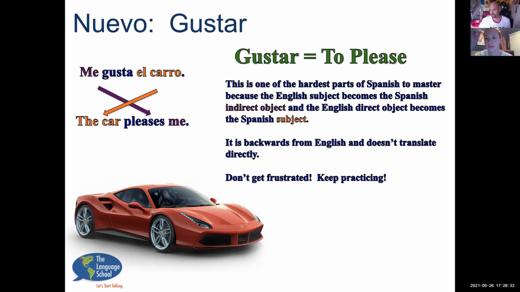That's why the structure is backwards from English. When you say me gusta el carro, you're actually saying the car pleases me. The verb gustar is conjugated in the third person singular because of the car. Does that make sense? Sí.